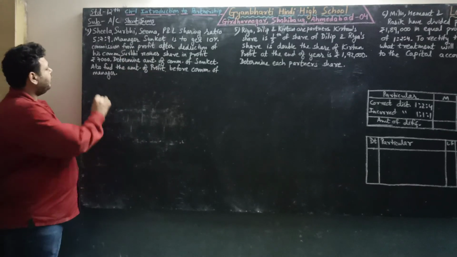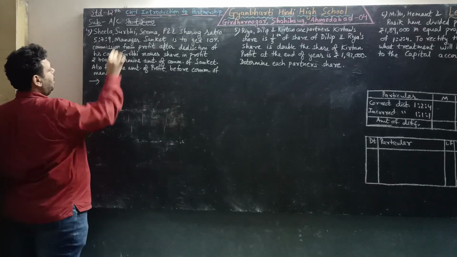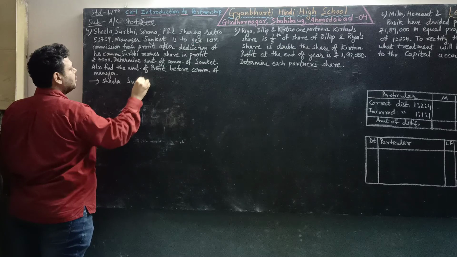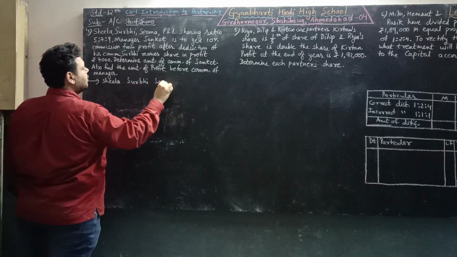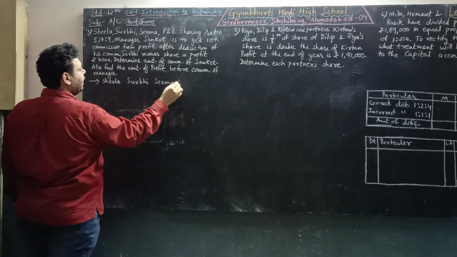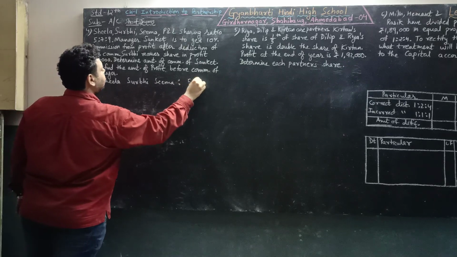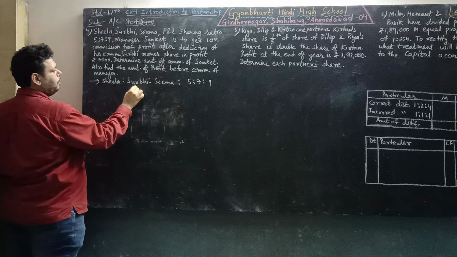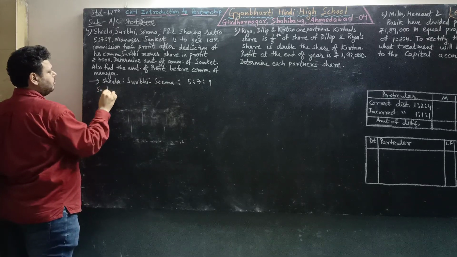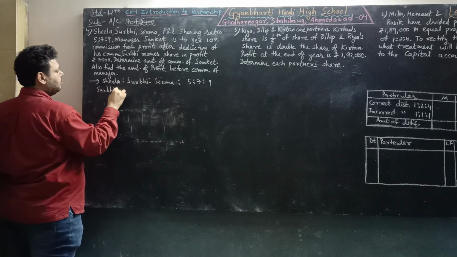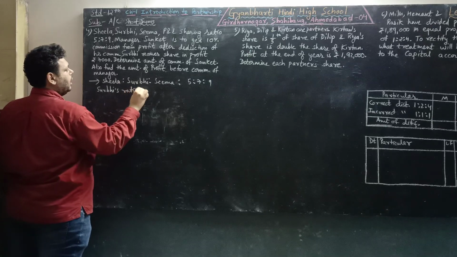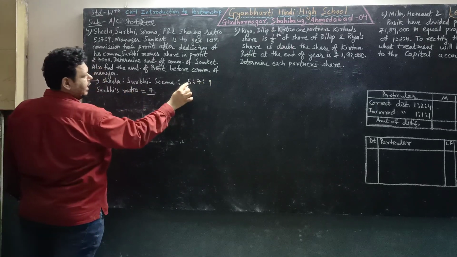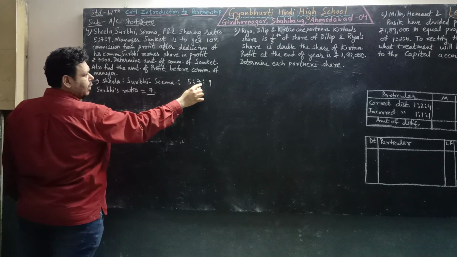So firstly, Sheila, Surbi and Seema, their ratio of profit and loss is 5:7:9. So Surbi's ratio is 7 upon, adding all the 3, 5 and 7, 12, 12 and 9, 21.